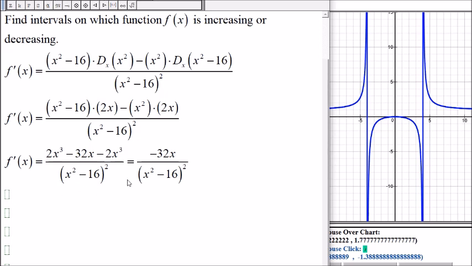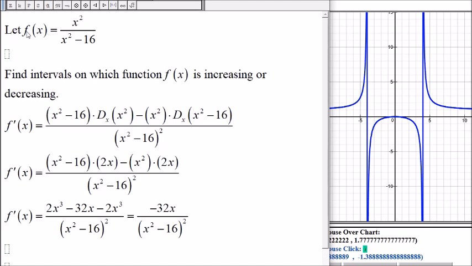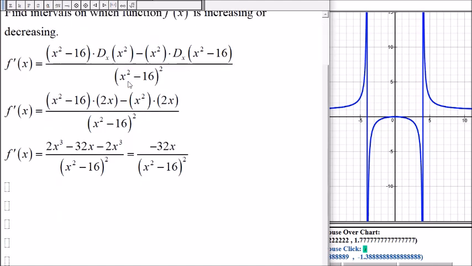And then to find critical numbers, first we look at the derivative function here and see what will make the bottom here 0, because that's where the derivative is undefined, and that's where this function right here is not differentiable.